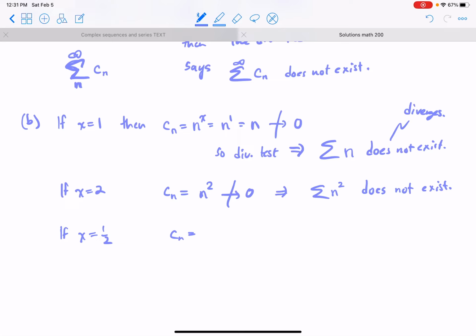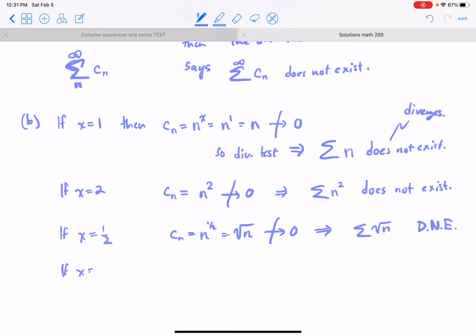Then c sub n is n to the x, which is just another way of saying the square root of n. But that does not go to 0. And so right away we have the divergence test saying that this sum does not exist. Or we could say it diverges.